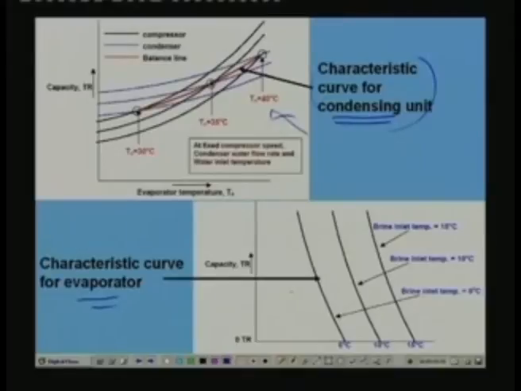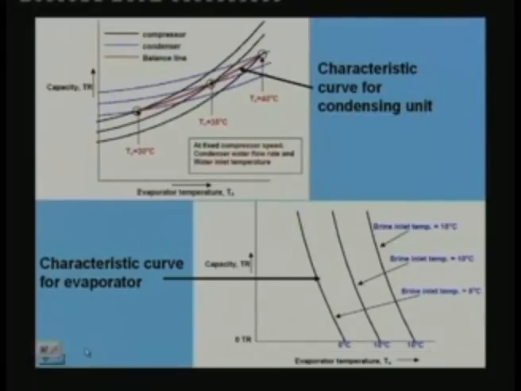Remember that this condensing unit characteristic curve we obtained by superimposing the condenser lines and the compressor characteristic lines. Now we superimpose this onto this, and remember that this is at fixed compressor speed, fixed condenser water flow rate and condenser water inlet temperature, whereas the evaporator temperature is for the fixed brine flow rate and different brine inlet temperatures.